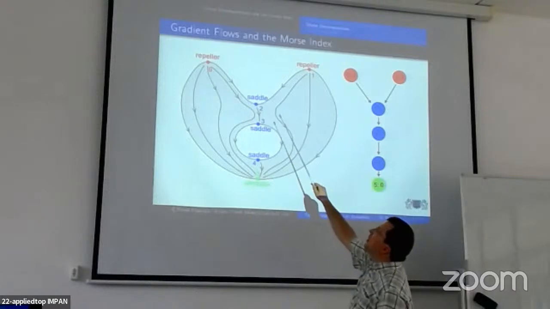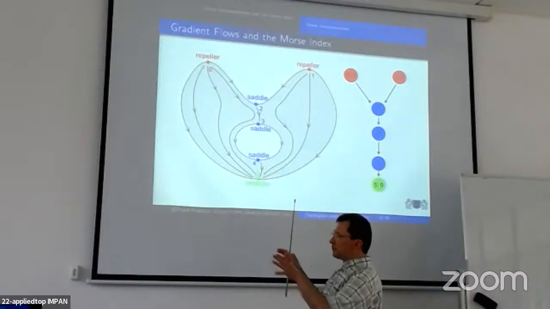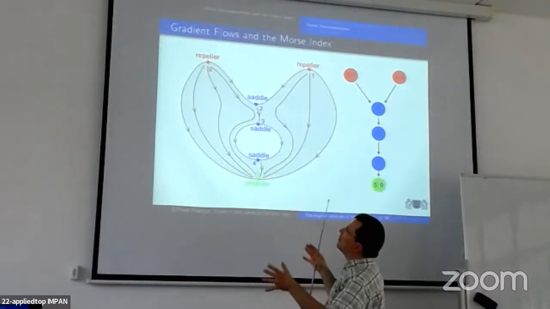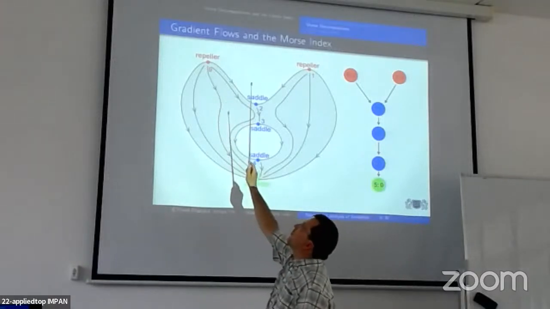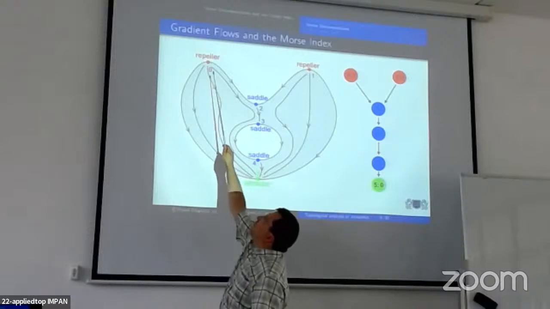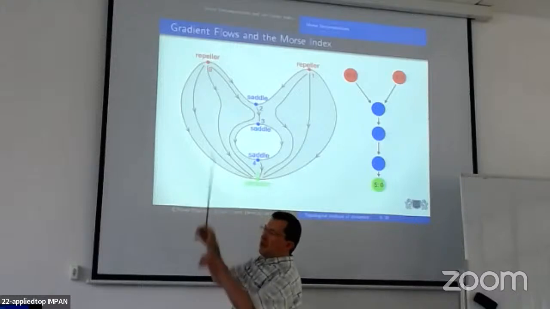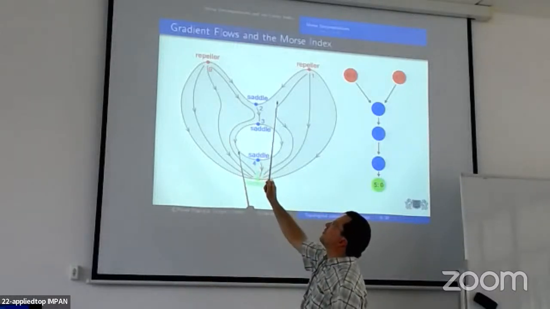And the dimension of the unstable manifold, this is like the dimension of where trajectories leave this neighborhood, is called the Morse index. If we have a repeller, then this entire surface around this repeller leaves its vicinity, so the dimension of the unstable manifold is 2.